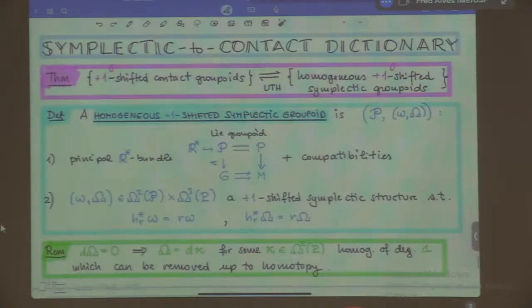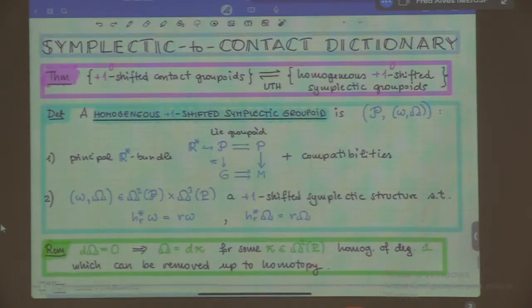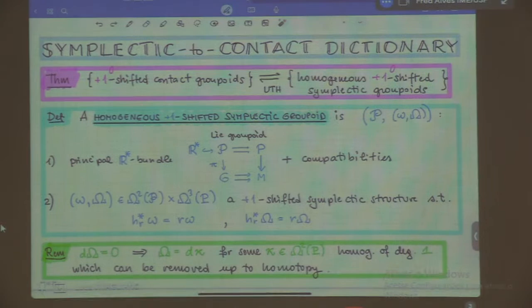So now we have this theorem motivating even further our definition of +1 shifted symplectic structures. We have an equivalence of categories from +1 shifted contact groupoids on one side and homogeneous +1 shifted symplectic groupoids on the other side, which is actually an equivalence up to homotopy. So everything is up to homotopy because we are really interested in the stacky part of the groupoid.